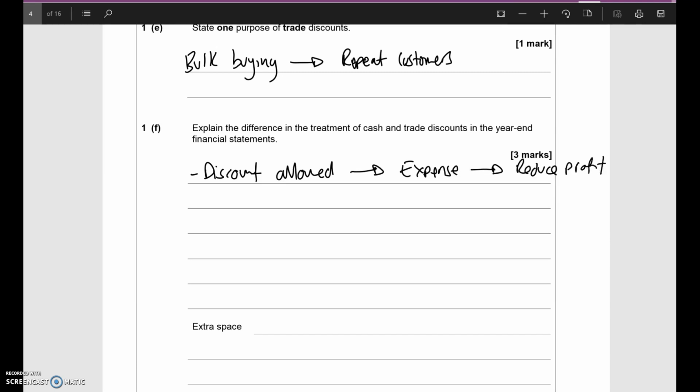In the exam you'd obviously write that in full sentences. And in the same treatment of cash discounts, you would have discount received. Discount received is an income, and that would increase profit.